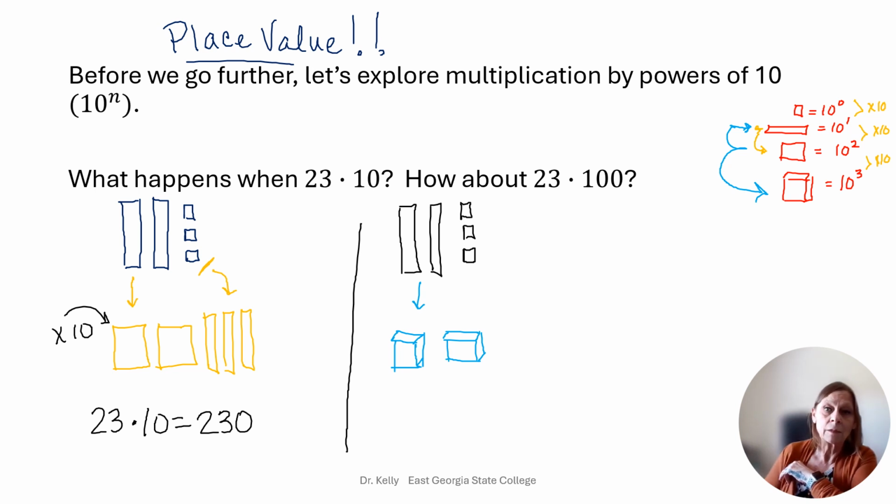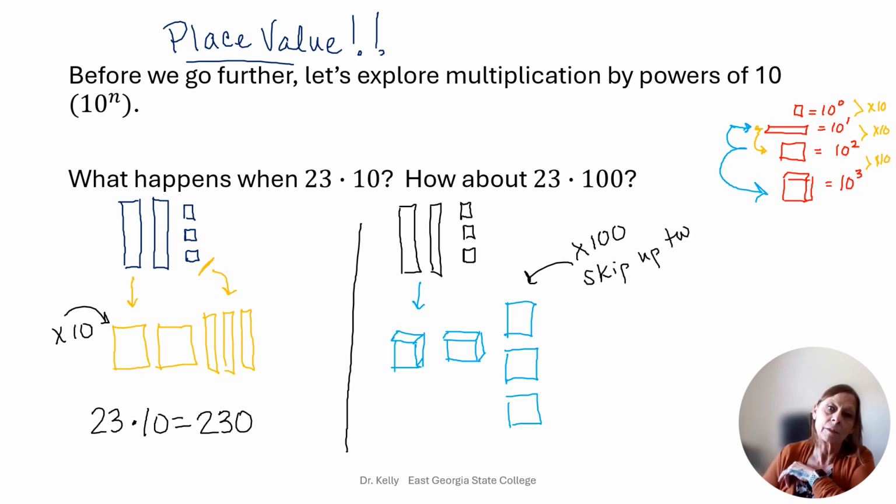And then the units are now going to become flats. So multiplying by 100 has you skip up 2 sizes, or in other words, move 2 places.